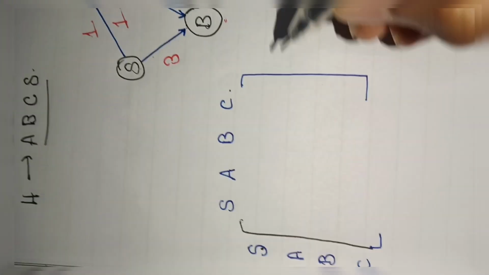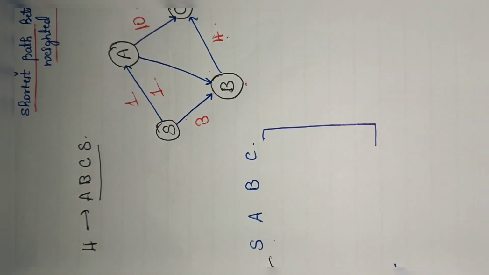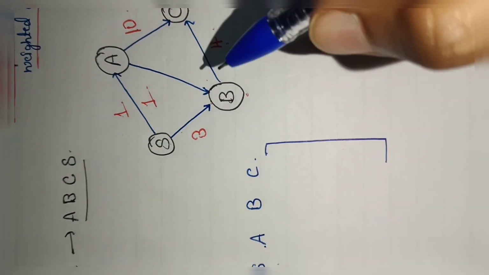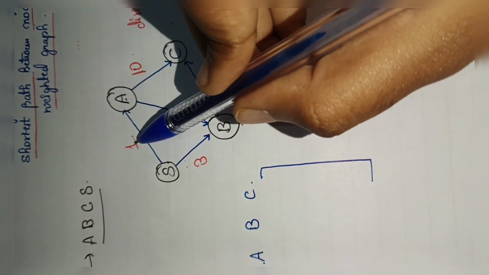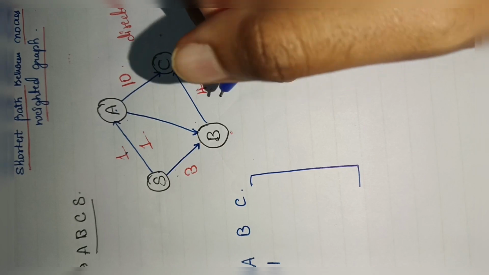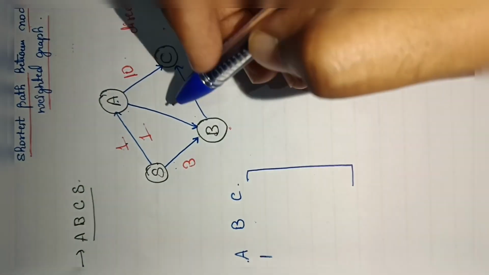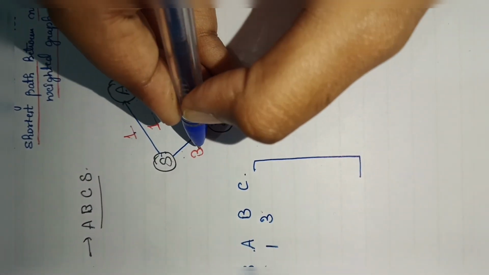I'll explain in this graph only. First, S to S: it does not belong, so it's 0. From S to A, in this graph there is a direction from S to A, and the value of its weight is 1, so it is 1. From S to B, it's connected and the weight is 3.